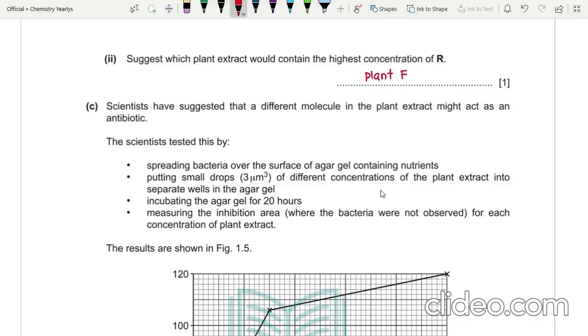Scientists have suggested that a different molecule in a plant extract might act as an antibiotic. An antibiotic is used against bacteria.